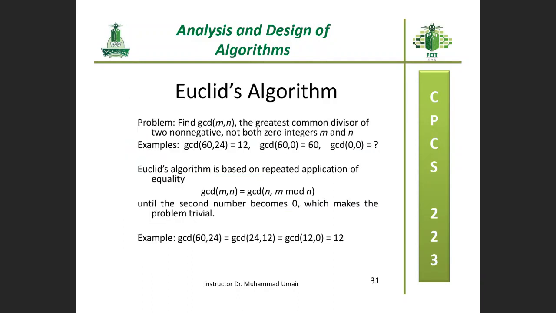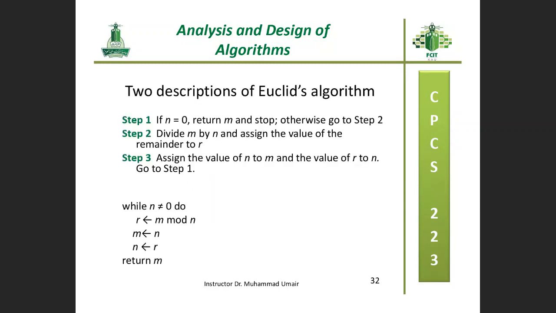Just like according to the formula given here. The first parameter was m and n, so n will be swapped into this one, and the remainder r will become the second. So this is how you can write an algorithm using natural language if you want to implement Euclid's algorithm.